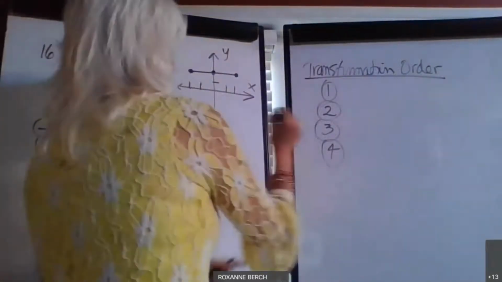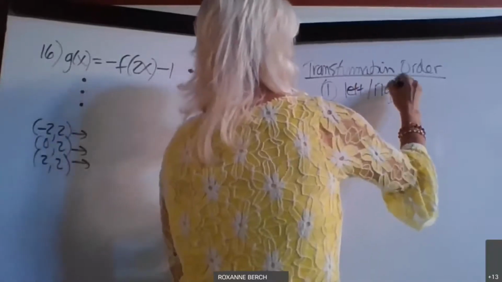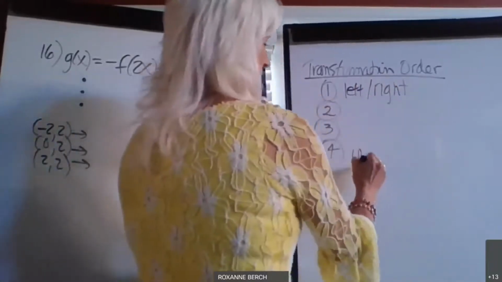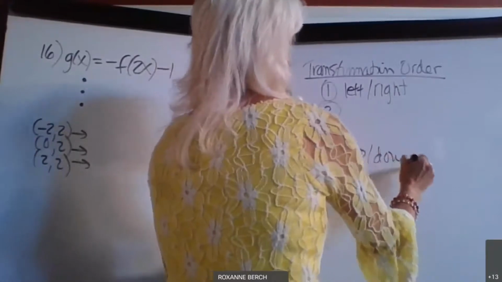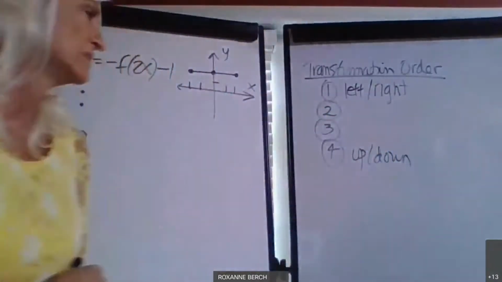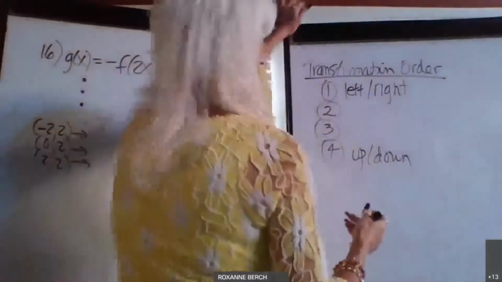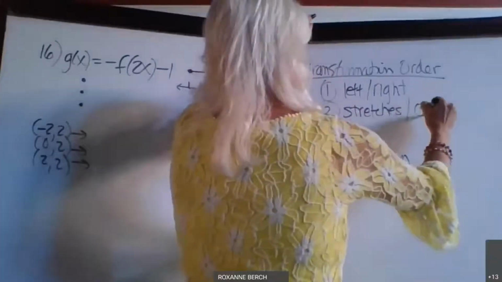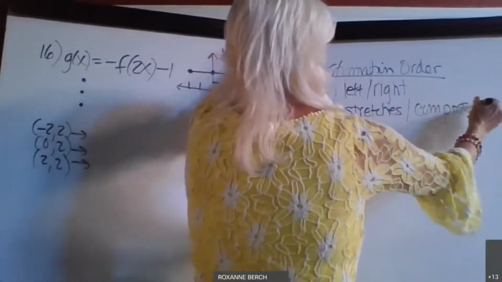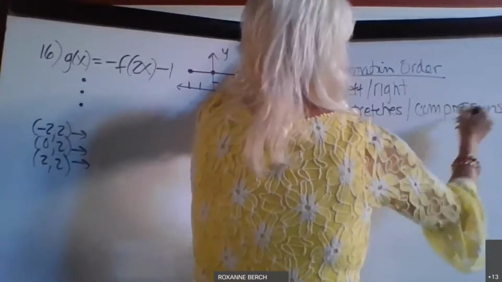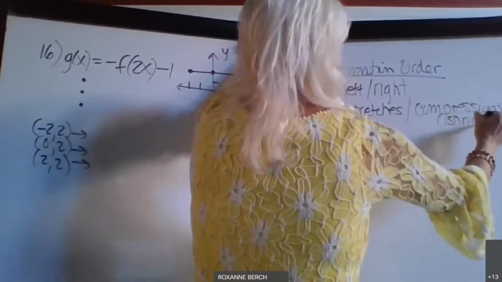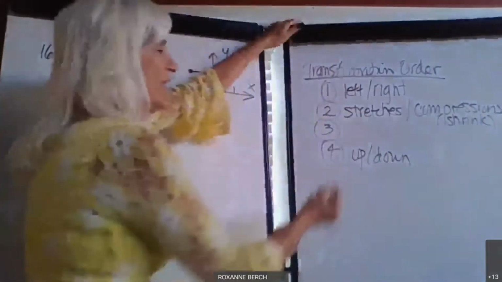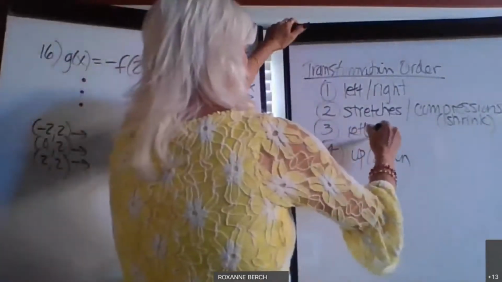Horizontal shifting, so left or right. And we know the last thing is up or down. Okay, what's in between? Stretching or shrinking. We called it stretches or compressions, or shrinking, whatever you want. Depends on what book you're looking at. And number 3 were the reflections, right?